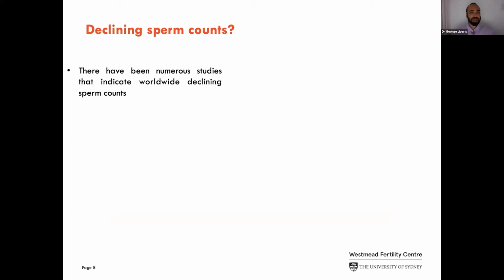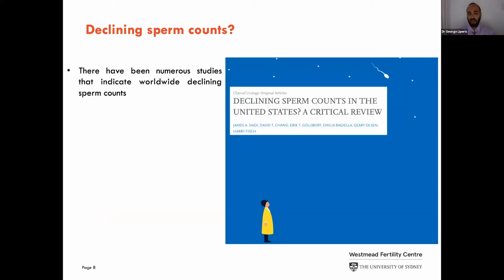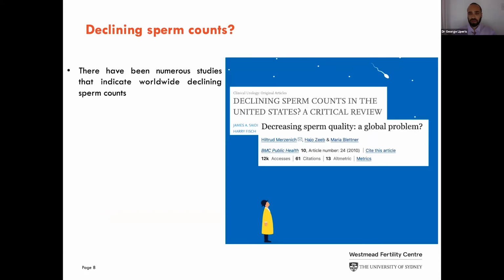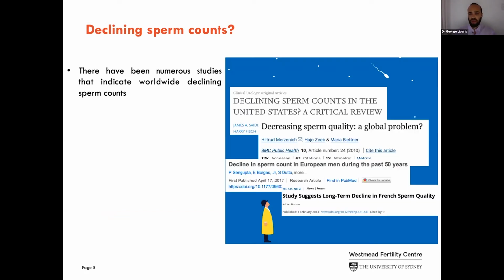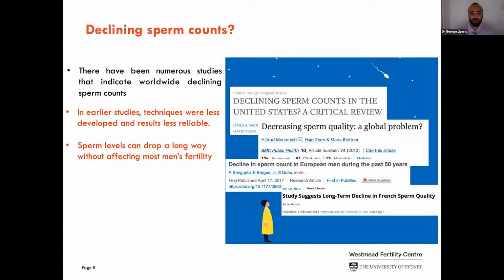There have been a few studies that have indicated a worldwide decline of sperm counts, including studies in the US, a global study, a European study, and French sperm quality. However, we have to understand that in these earlier studies, the techniques were less developed and the results were less reliable. And sperm levels can drop a lot, and that doesn't necessarily mean that it will affect the men's ability to fertilize an oocyte.